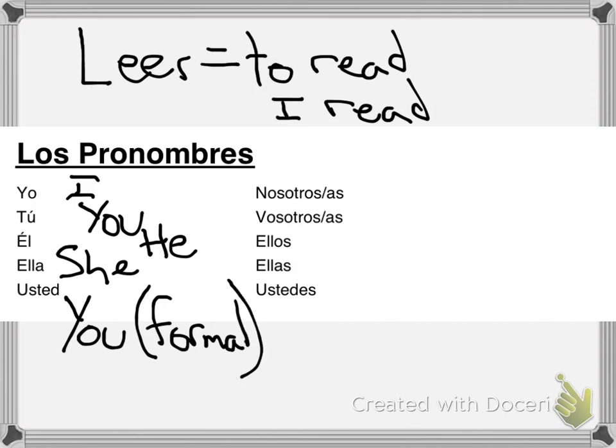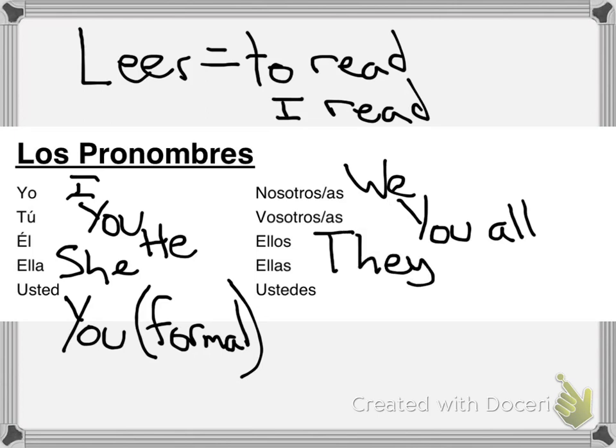Then over on the right side we have nosotros, which means we, vosotros, which is you all, ellos and ellas, both meaning they. Remember that with ellas, it is all girls that you are talking about.